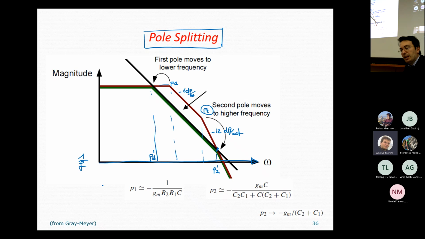Okay, so after each pole, minus 6 dB per decade. If we hit the 0 before the second pole, we have this effect, this sort of temporary reduction of the slope. Okay.